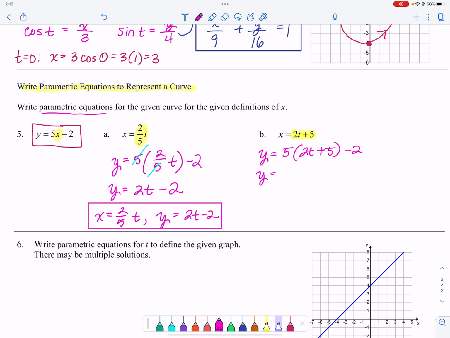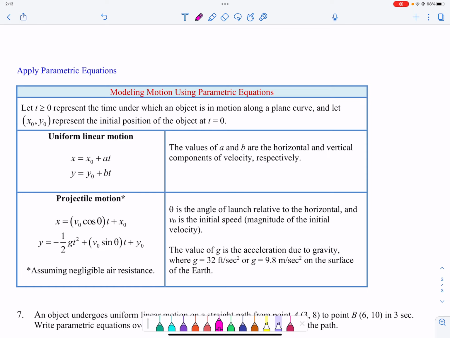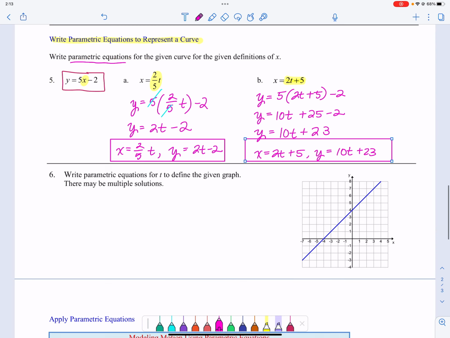And so we have y equals 10t plus 25 minus 2. And then we have 10t plus 23. So now we have x equals 2t plus 5, and we have y equals 10t plus 23. Both of these are parametric equations with the parameter t.